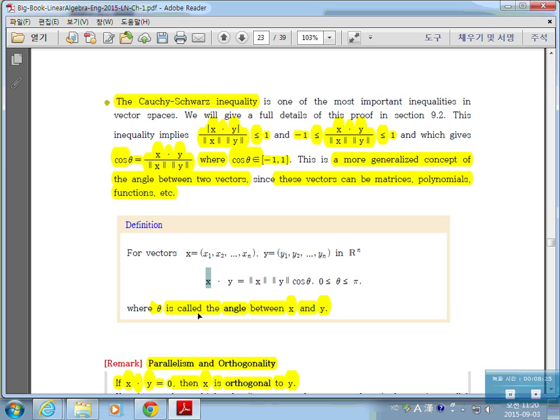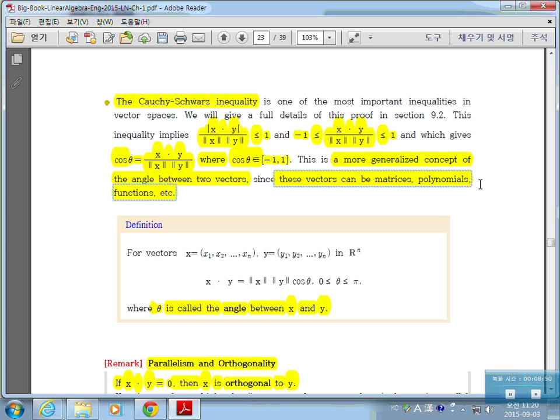Very important thing is this angle means a lot, because these vectors are not only the vectors in Rn. These vectors can be matrices or polynomials.